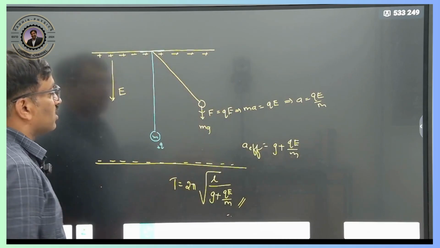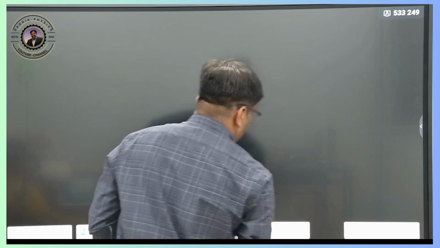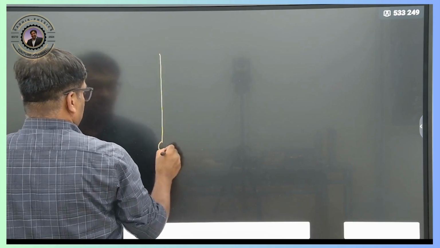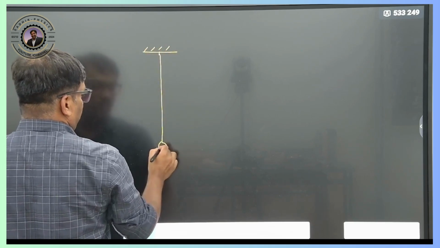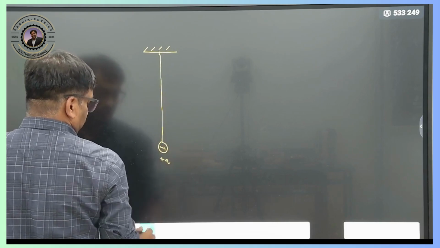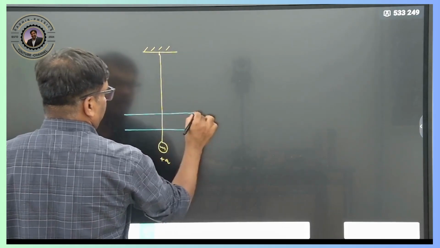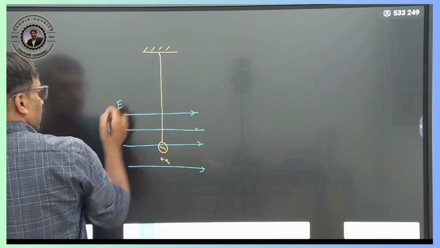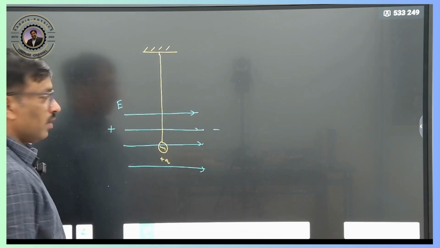These types of questions are also frequently asked in JEE Mains. So now we'll go for the same type of question. One pendulum of mass M has charge Q. Suppose we are giving some amount of uniform electric field here, with positive and negative plates like this.